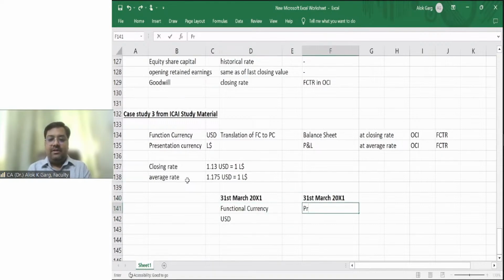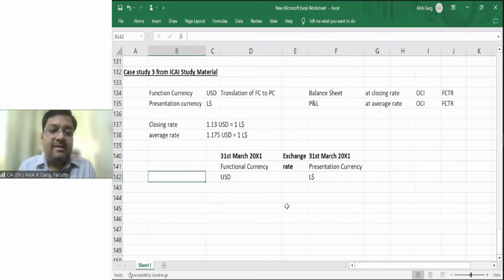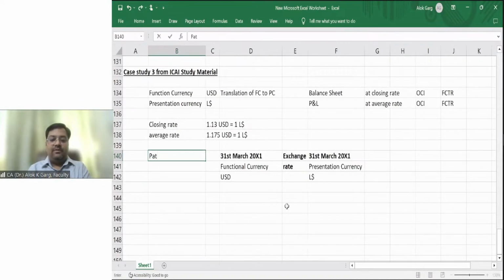This is my presentation currency, which is L dollar, right? Okay. And now my balance sheet numbers. And let's say this is my exchange rate. I'm just telling you how to convert the functional currency financial statement into presentation currency. And this is particulars.